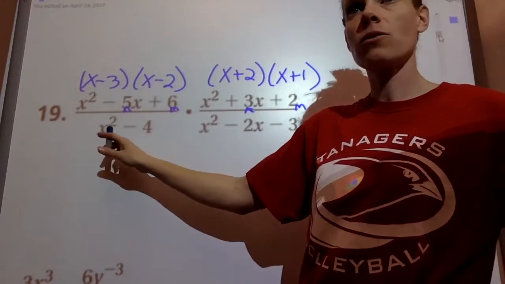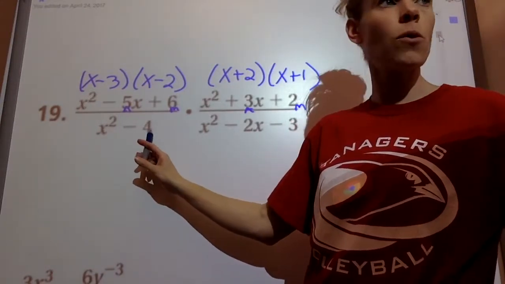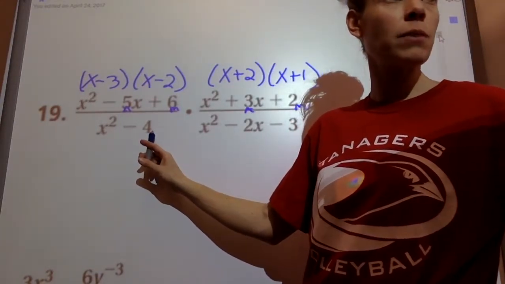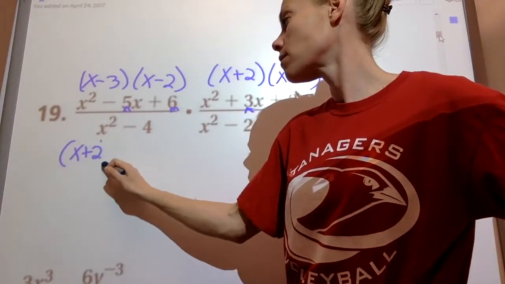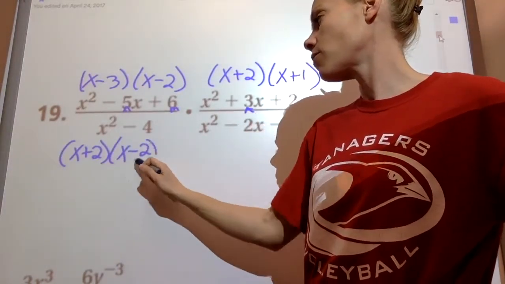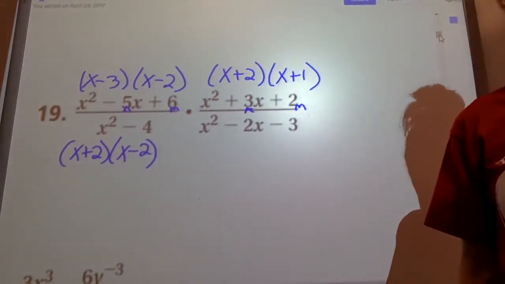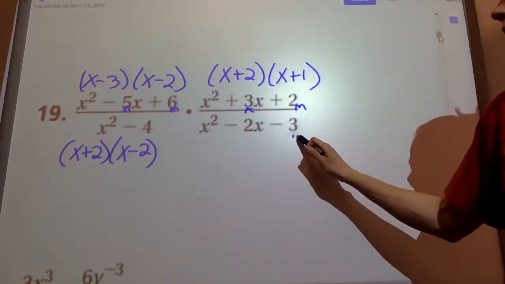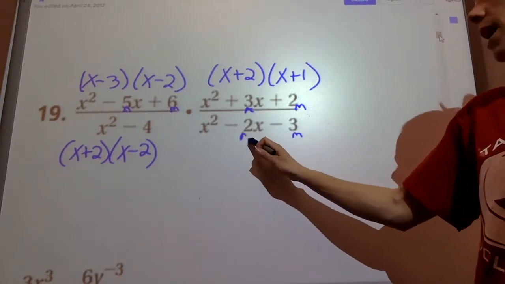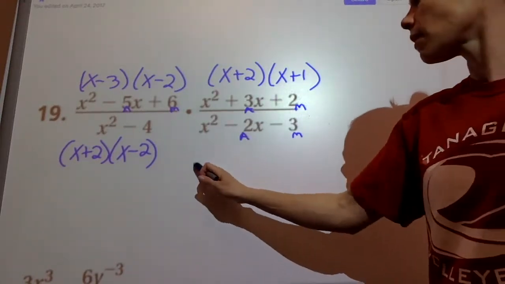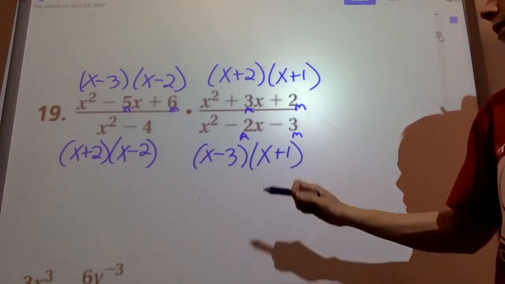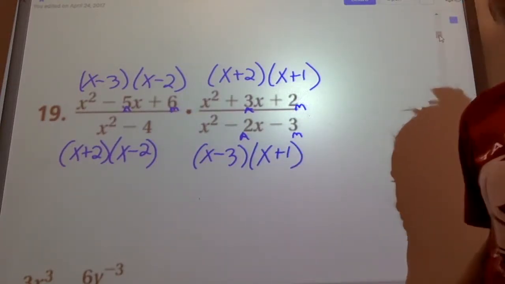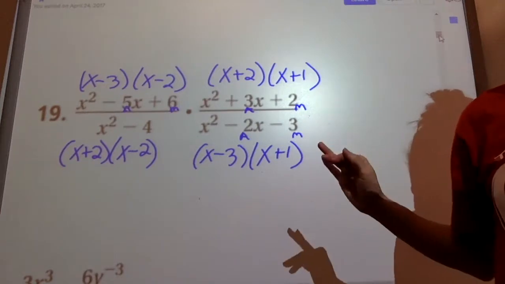What squared is x squared? X. What squared is 4? 2. So this is x plus 2, x minus 2. That's just a form to recognize difference of squares. And then this one, what do I multiply equals negative 3, but add equals negative 2? Negative 3 and 1.